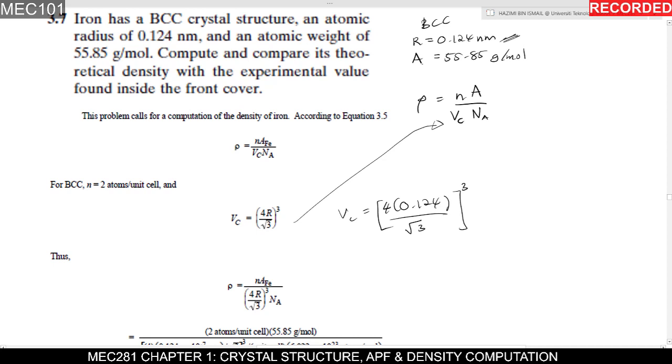Okay, so I get 0.02348. Okay, what is the unit here? So it is nanometer cube.